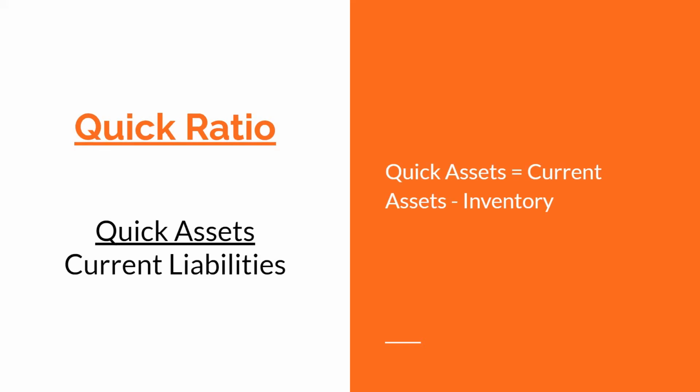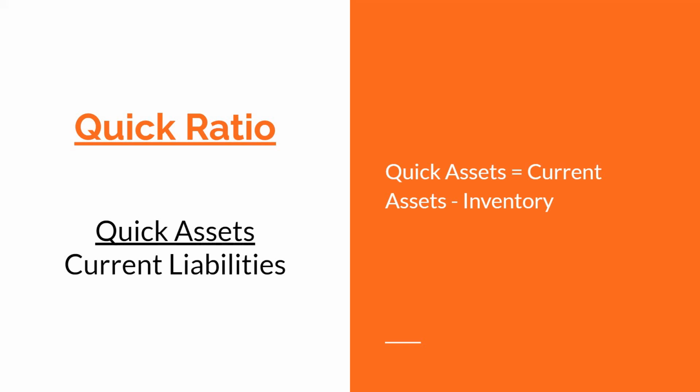And then the next, more advanced version of this is the quick ratio, where we take only quick assets, not your current assets, and divide them by current liabilities. So you get another proportion. Now quick assets are your current assets except inventory. Why this? Because inventory is a major part of your current assets, but it takes time to convert inventory into cash or receivables, because you have to make sales and sometimes it takes a lot of time.